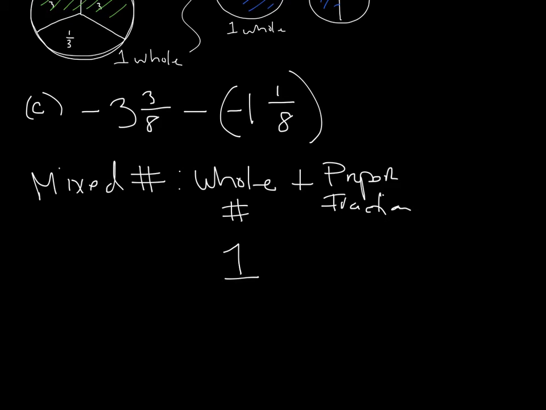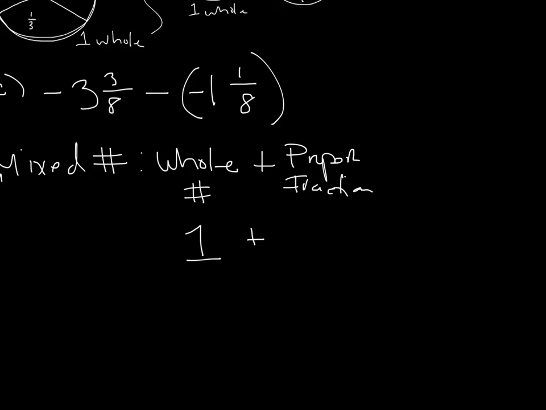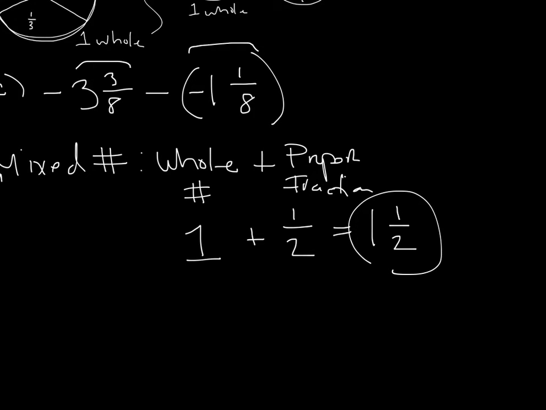One whole, it could be 2, 3, 4, plus a proper fraction. A proper fraction is when the numerator is less than the denominator. So we have 1/2. That's the same thing as 1.5, right? There's your mixed number. So here's our mixed numbers here. We just have some negatives, which is fine.